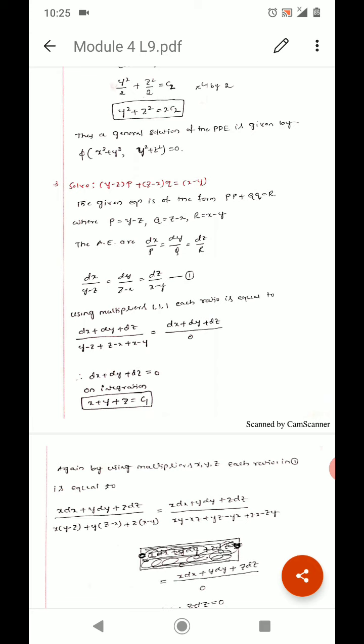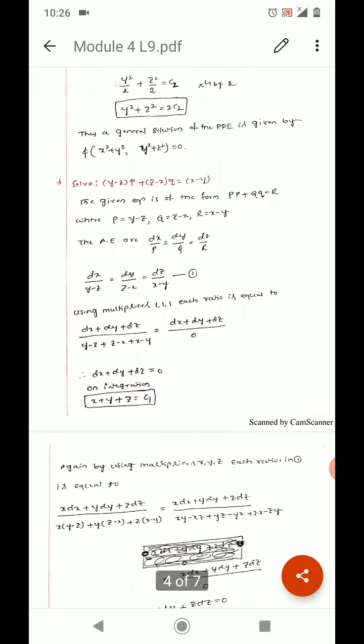So take this equation 1. Now use the multipliers 1, 1, 1. Each ratio is equal to dx plus dy plus dz divided by y minus z plus z minus x plus x minus y, which will become dx plus dy plus dz divided by 0, since in the denominator all the terms get cancelled.